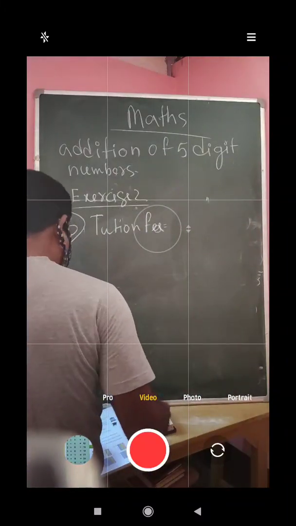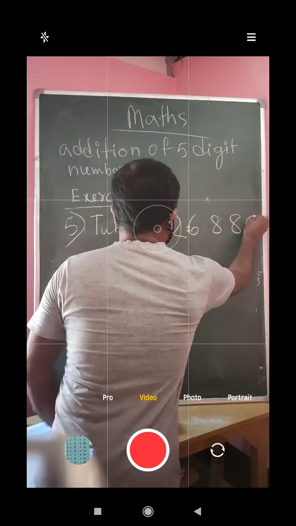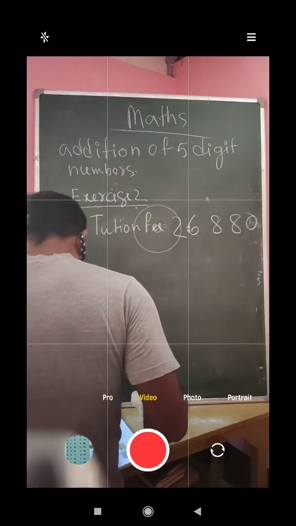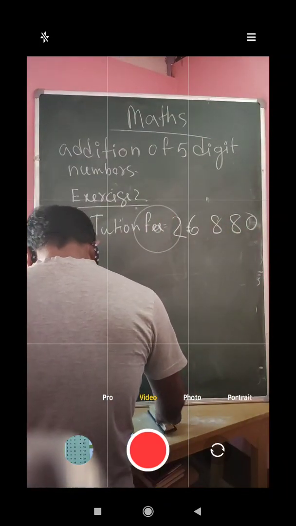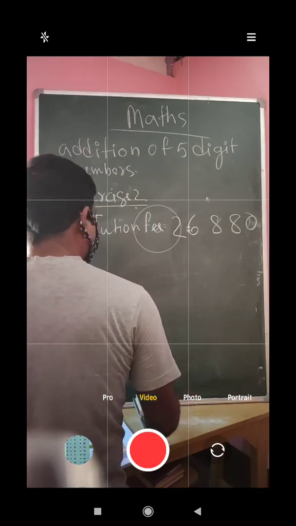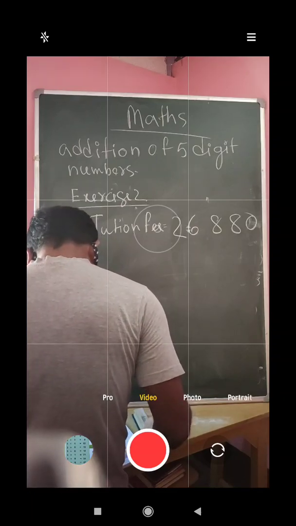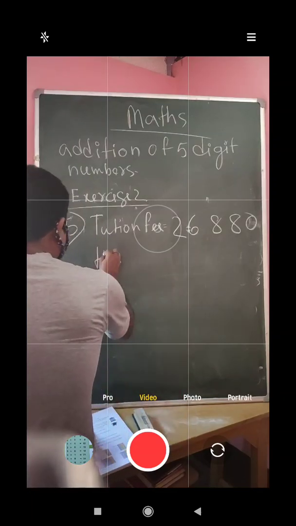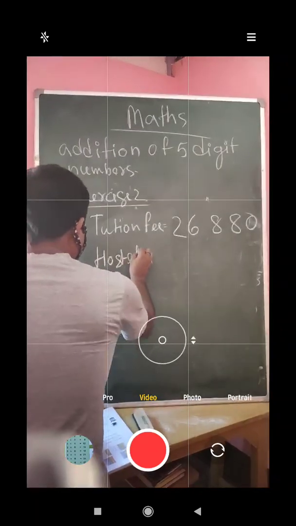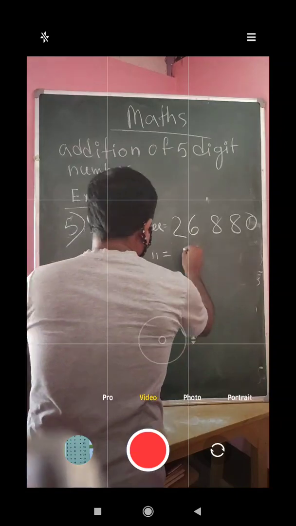It is 26,880. Tuition fees is 26,880. Then hostel fee is 15,450.